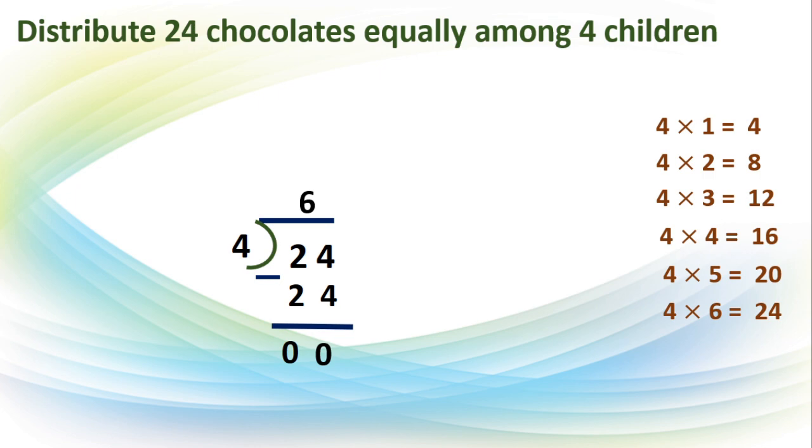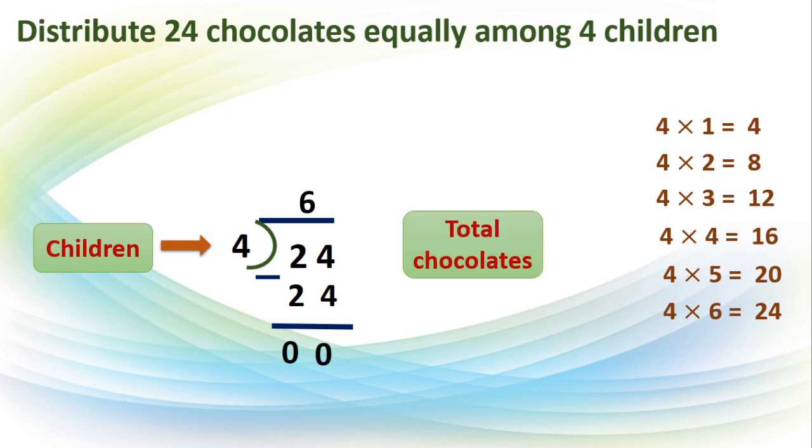Right? Yes, here we have some names for all these. First, how many children are there? 4. Correct? That we will write here because we want to distribute 24 chocolates among 4 children. Okay, how many chocolates were there? Total chocolates there were 24.